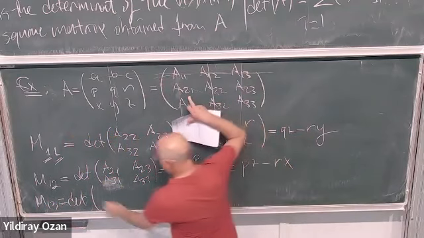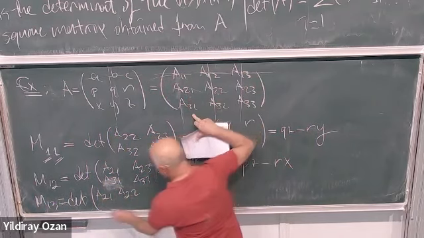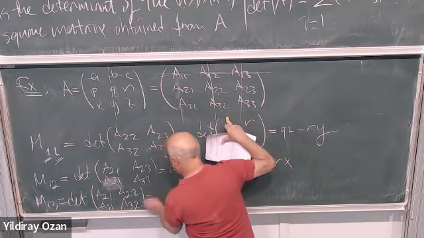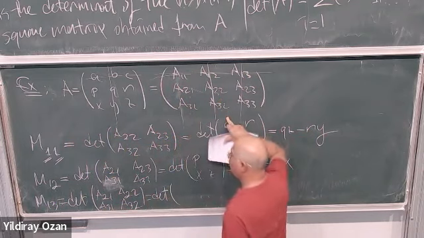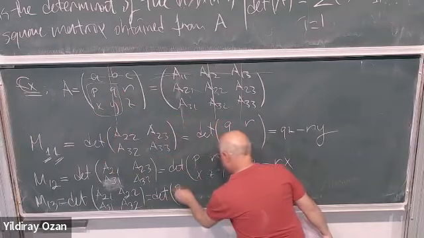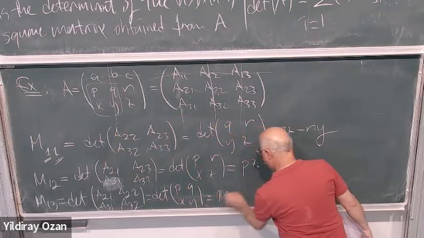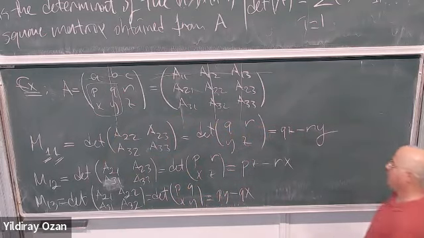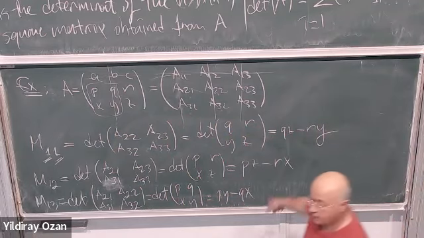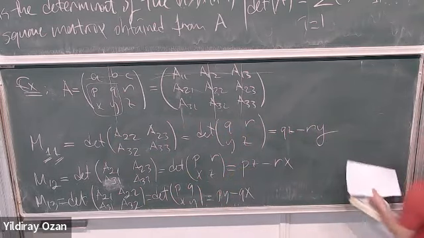What is left? A21, A22, A31, and A32, or P, Q, X and Y. So this is P times Y minus Q times X. All right, now I can write down the determinant of the 3 by 3 matrix. Let's see.